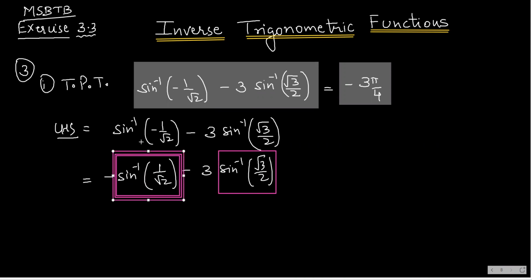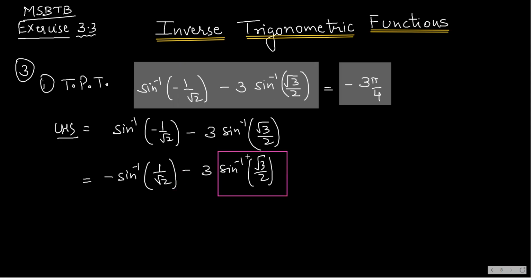And which angle is this? It is the angle for which sine value is root 3 by 2. And it has to be the principal value. So we know sine inverse 1 by root 2 is pi by 4, and sine inverse root 3 by 2 is pi by 3.